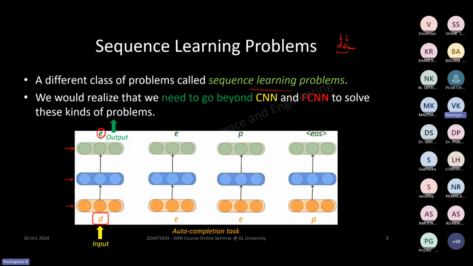Okay, but in the case of a fully connected neural network and a convolutional neural network, the output actually just depends on the current input and it does not depend on the previous inputs. But in the case of sequence learning problems, we observe a completely new characteristic: every output actually depends on all the previously seen inputs. Okay.